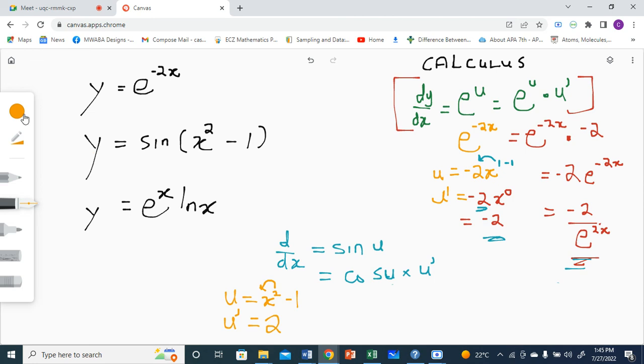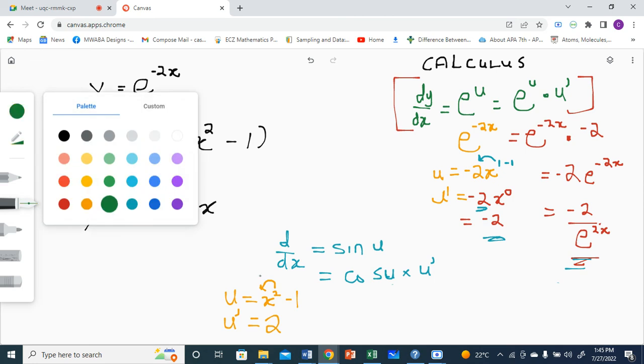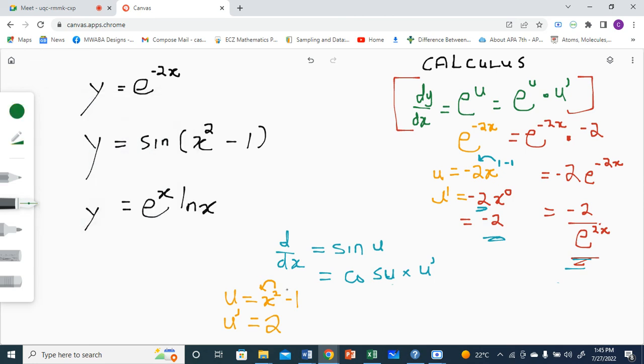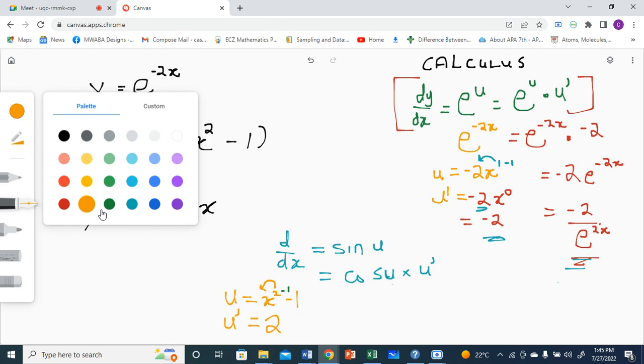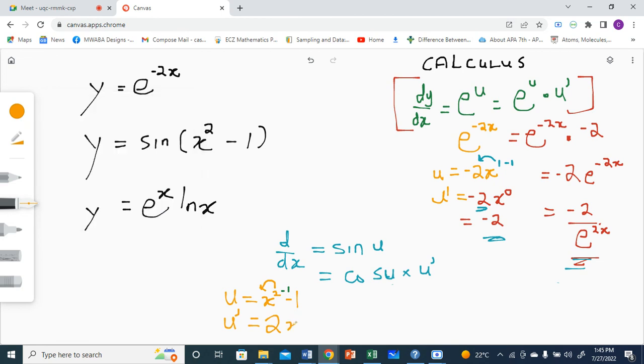And then we subtract 1 from our exponent, so 2 minus 1 is 1. So we just have 2x. Then the derivative of a constant, or a number without a variable, is 0. It disappears, so this 1 disappears. So our u prime, or the derivative of u, is 2x.